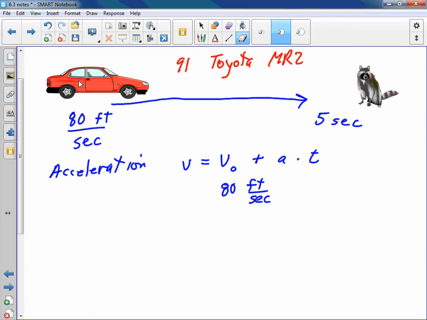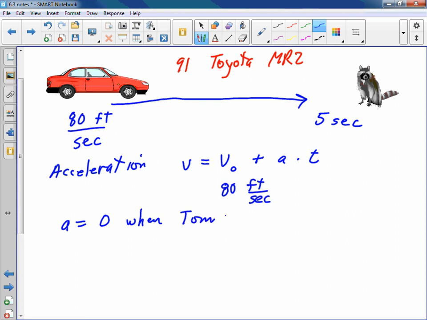And we also know that the velocity equals 0 when the car stops, when Tom's MR2 stops. And we know that happens at t equals 5 seconds.